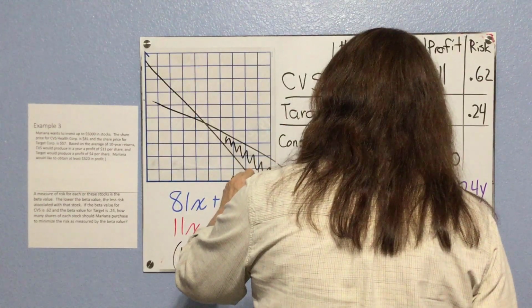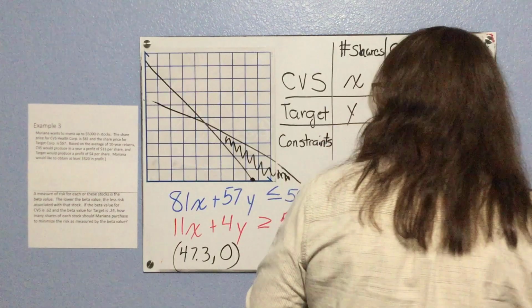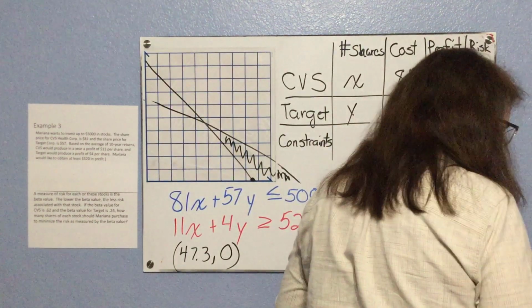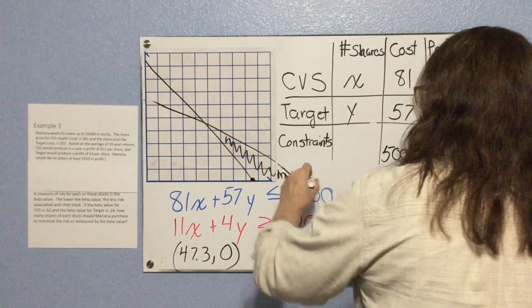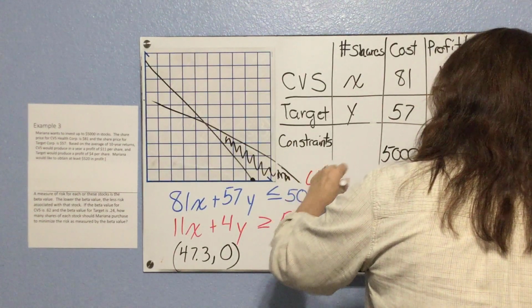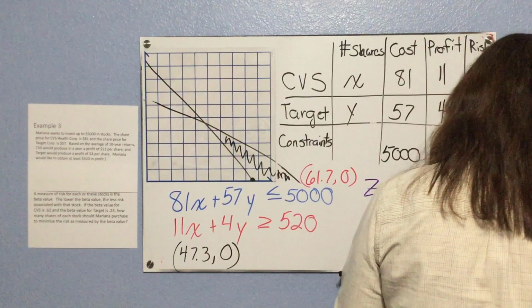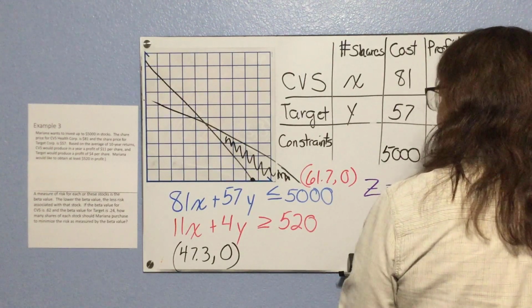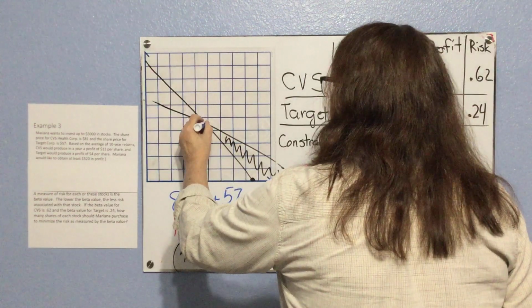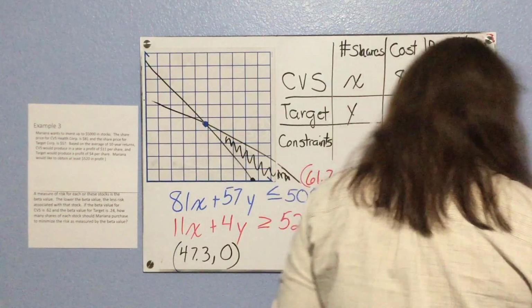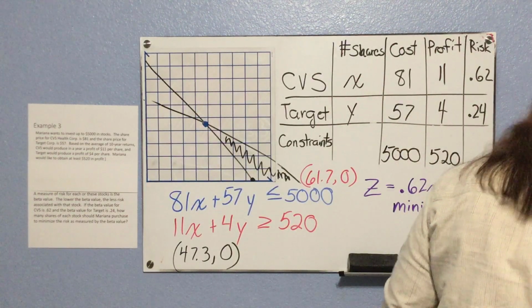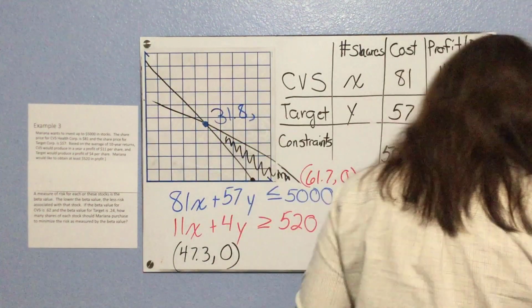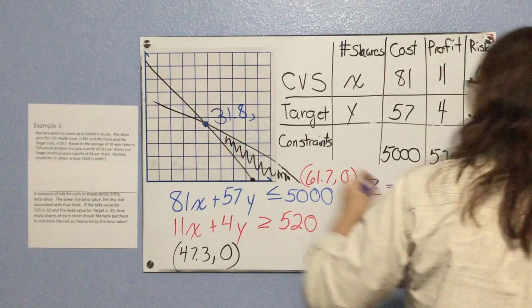That's this one. This one that's out a little further, 61.7 and 0. And then we've got this top point, and it's at 31.8 and 42.5.